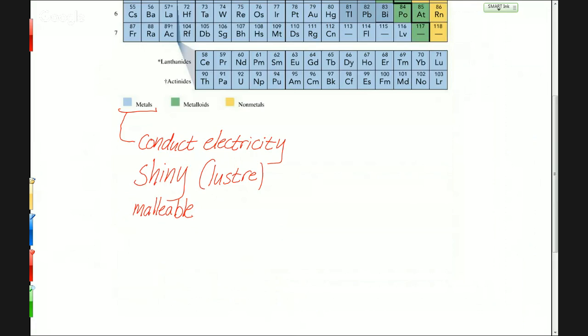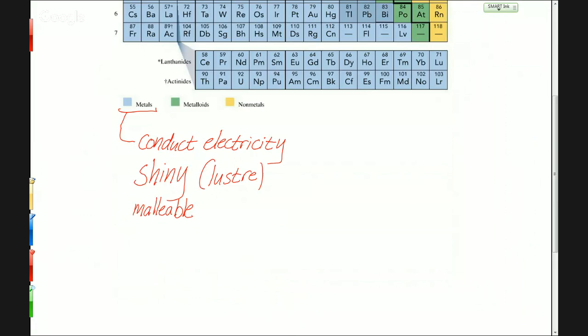In a metal, we often think about the electrons as being spread out among all the atoms rather than being localized on particular atoms, whereas in other structures, the electrons are more stuck with the nucleus. So when you hit something that is not malleable, the atoms have to break apart from each other and the electrons stay with themselves. But when you hit a metal, the electrons can just spread out and fill the new shape and not have to break apart from each other.